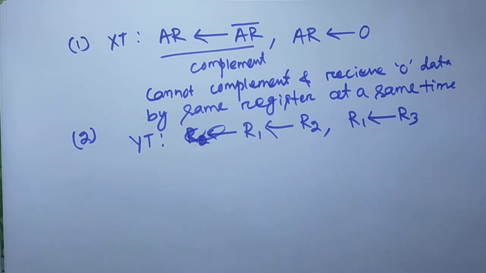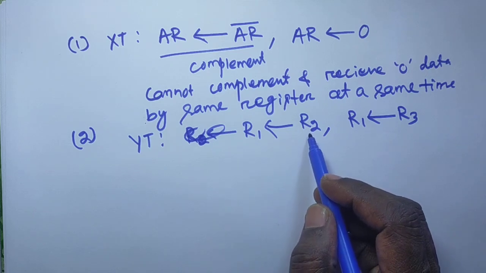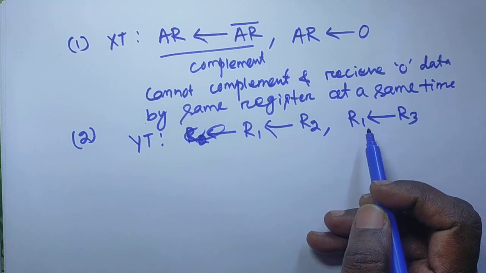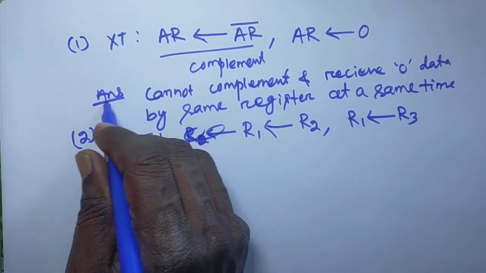That means at the same time R1 cannot receive both data from R2 and R3. So here is the answer we can write.